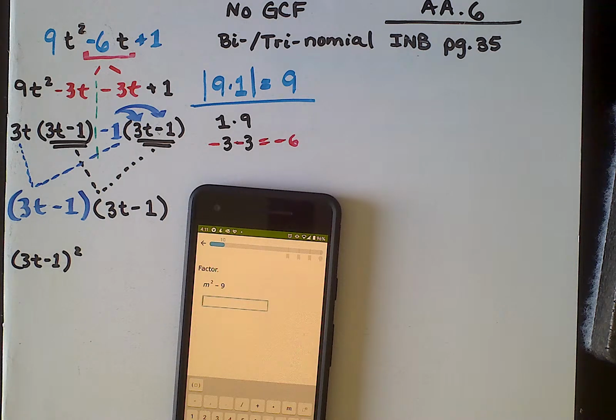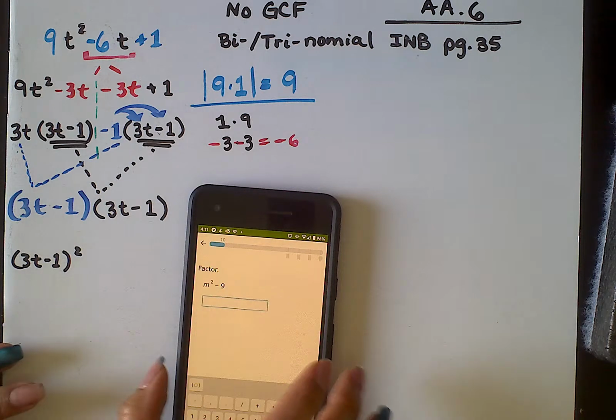Okay, I don't see a response just yet. So think about that. If you'd like me to do your specific problem, let me know. If not, I'm going to go ahead and move on to this binomial.